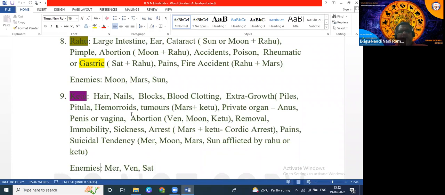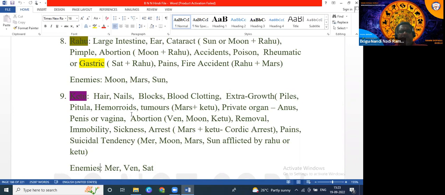So it may be hair falling, or nails may be broken, and there will be extra growth like piles, fistula, hemorrhoids. If Ketu is with Mars, and Ketu is with Venus and Moon, Garbhadoshas, abortions. So Ketu, for example, with only Moon gives removal of breast.